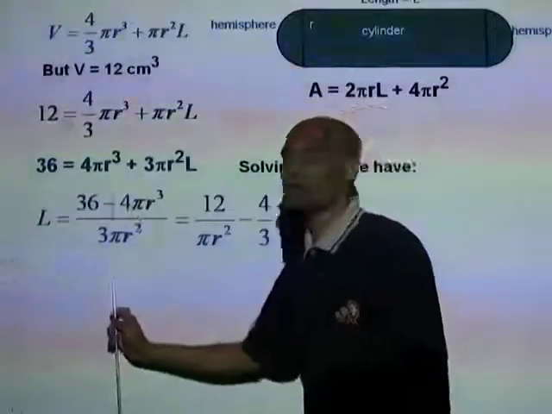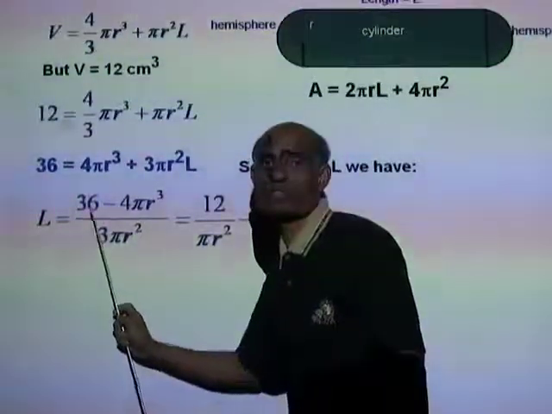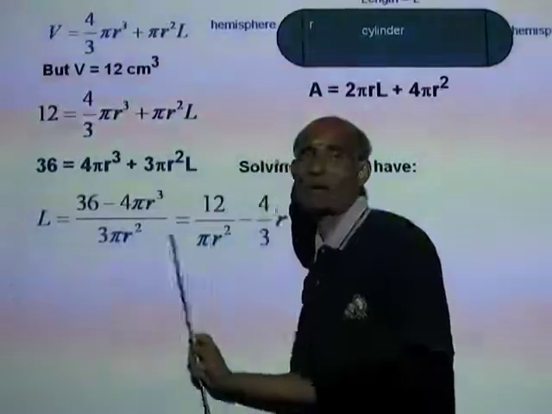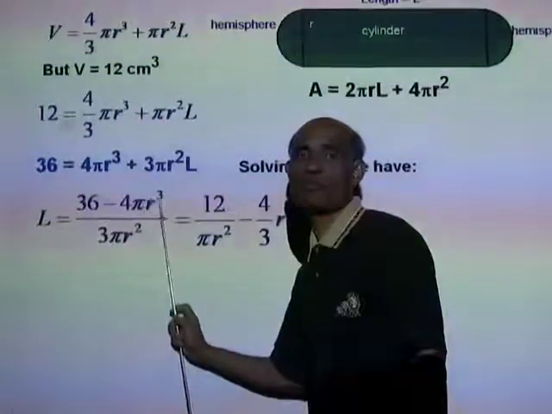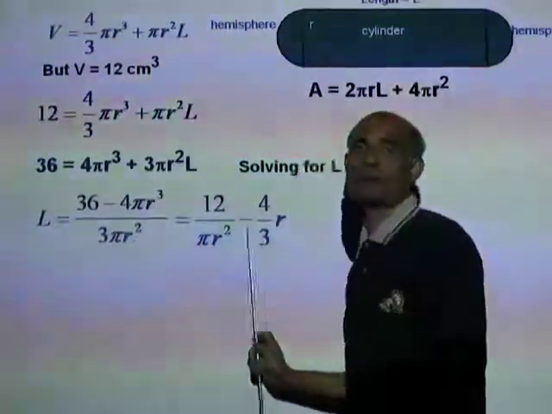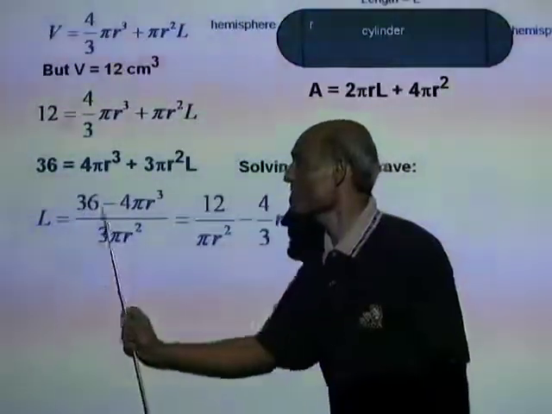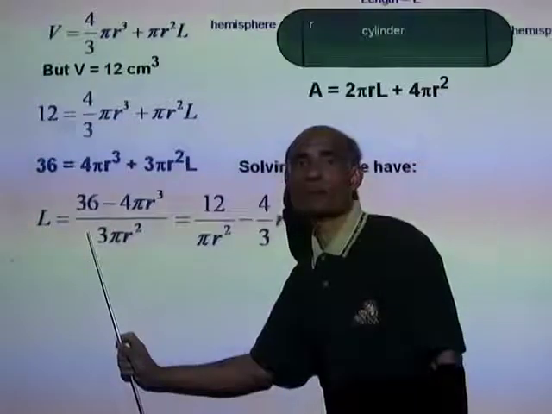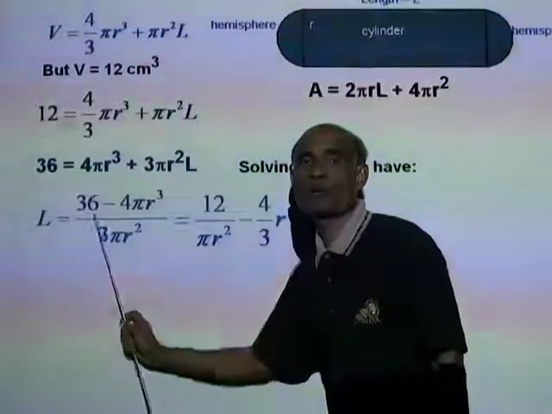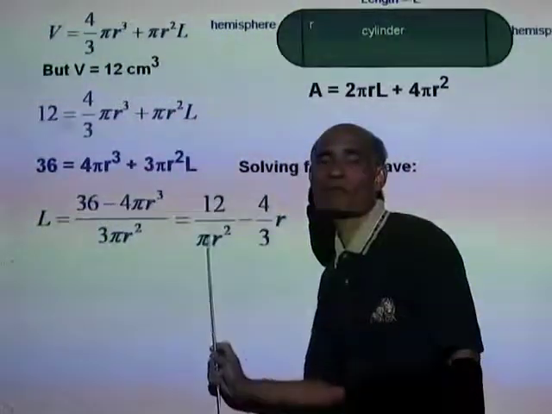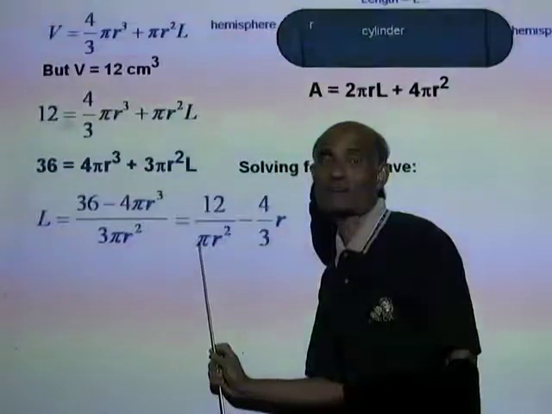And divide that into two terms, 36 divided by 3 pi r squared minus 4 pi r cubed divided by 3 pi r squared. And that gives you, simplify that, 36 divided by 3 pi r squared will be 12 divided by pi r squared. Is that right?